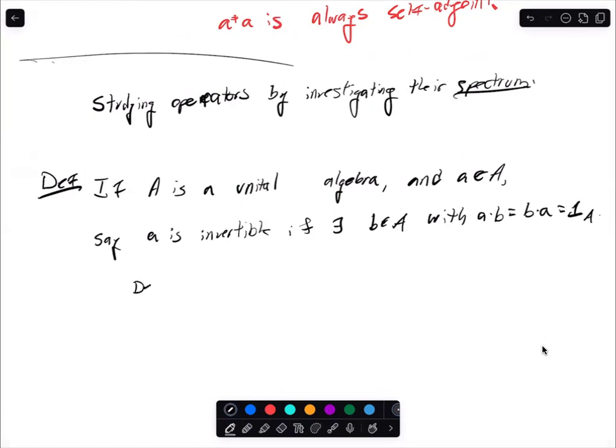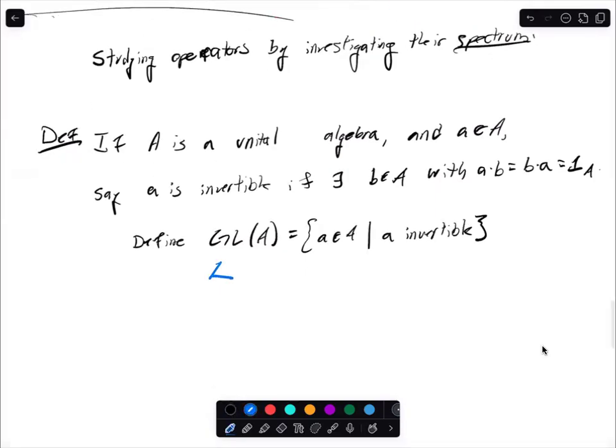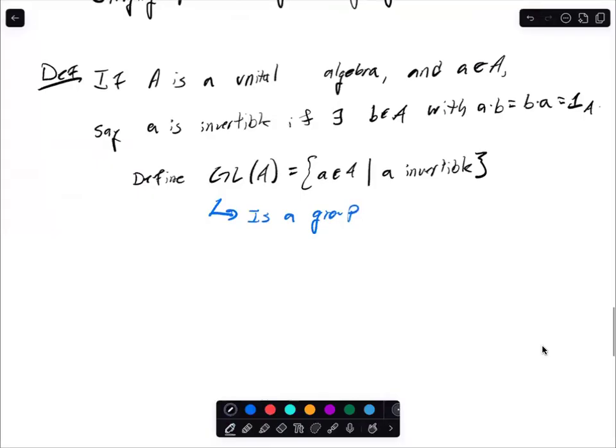We define the general linear group of A just by analogy. It's just the set of all invertible elements. It is in fact a group, but that's not instructive, at least for us today.